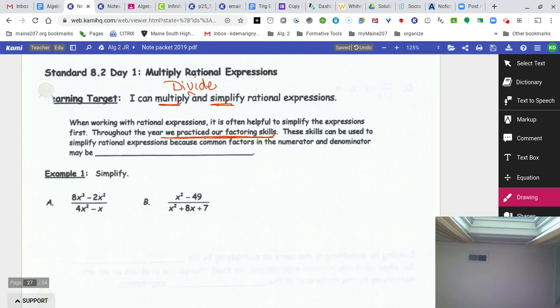These skills can be used to simplify rational expressions because common factors in the numerator and the denominator can be canceled out. If I find a common one in the numerator and the denominator, now it has to be exactly the same, that's when I can cancel them out.